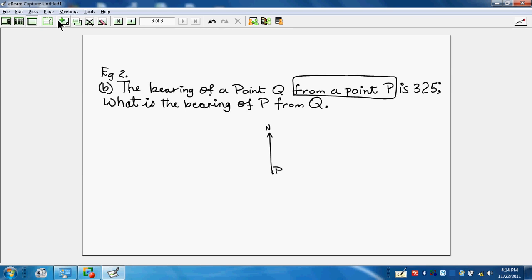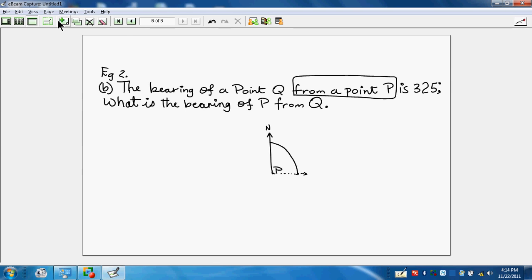And then I start to go through the angle. Now, if this had started here and gone clockwise, and it reached this point here, that would have been 90 degrees. But it didn't say 90.